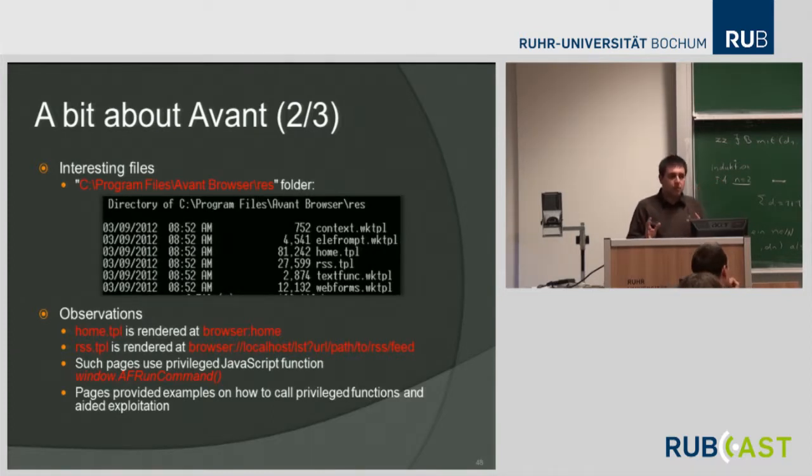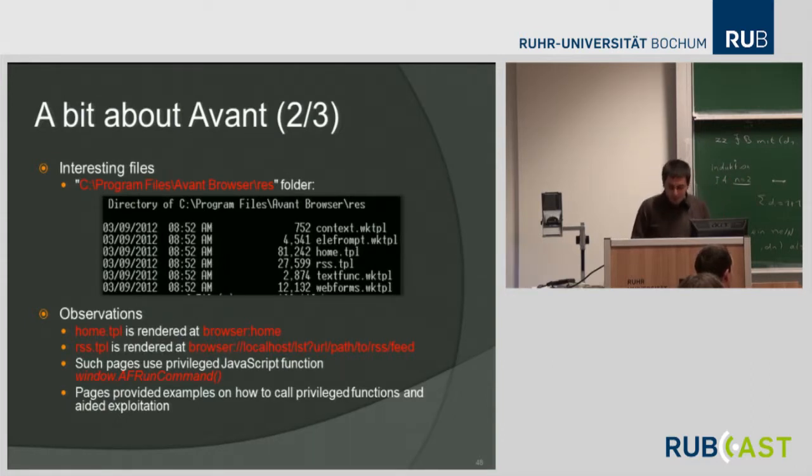If you point to browser home, it's actually reading this file. So I had a look inside to see which special functions or trusted objects are available and what I can do. This is part of the exploitation: you need to understand how to invoke the trusted APIs or special objects. And I found this function in the Windows object, called af-run command.